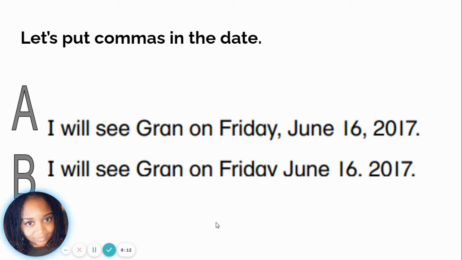So let's put commas in the date. We have two sentences, and you're going to choose, is A correct or is B correct? So A says, I will see Grant on Friday, June 16th, 2017. B says, I will see Grant on Friday, June 16th, 2017. Which sentence is correct? You can pause your video.